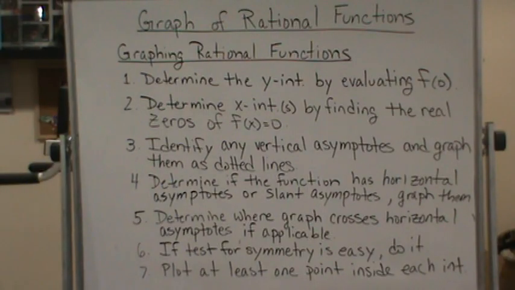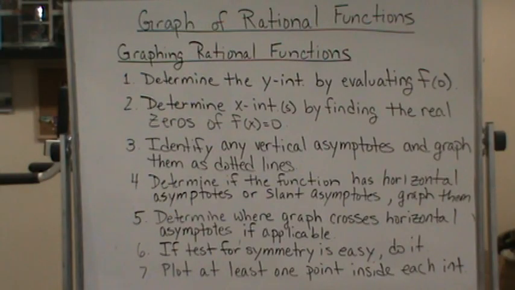Okay, 4. Determine if the function has any horizontal asymptotes or slant or oblique asymptotes. Okay, graph those with dotted lines. 5. Determine where the graph crosses the horizontal asymptotes if it does, right? So you want to find out where those points are located, okay?